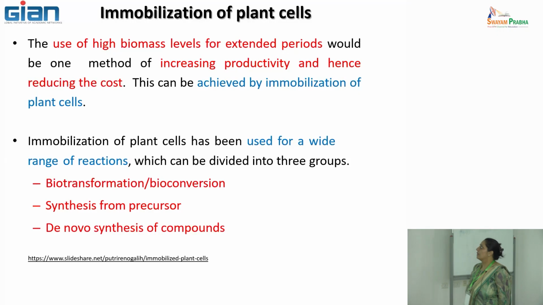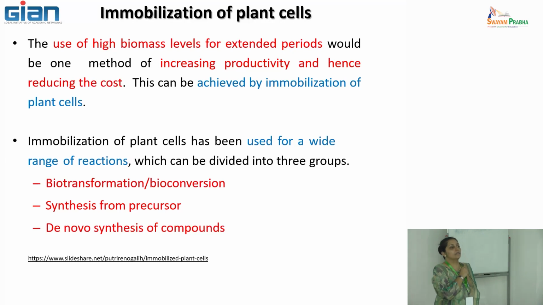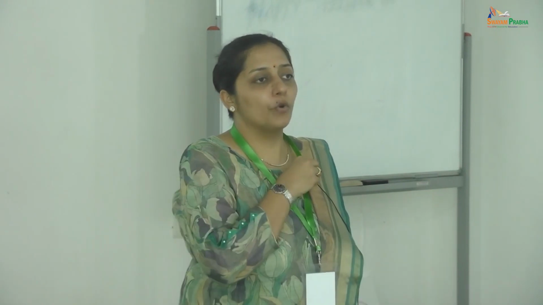So one of the other strategies to improve productivity is also immobilization of plant cells. The use of high biomass levels. So in order to achieve high productivities, as you people were also saying, high biomass concentration is required. So you can take advantage of immobilization to have these high cell densities in smaller volumes.